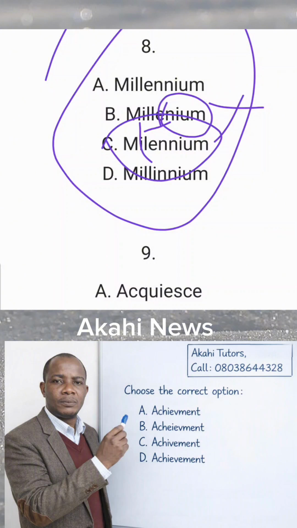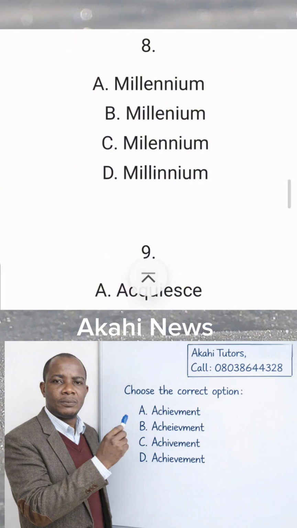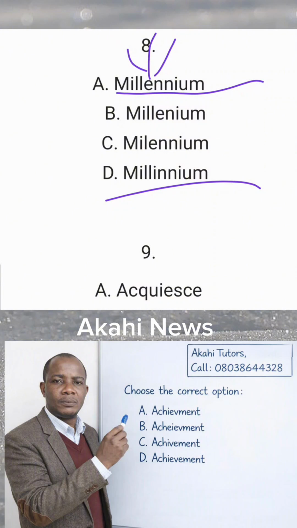It has double N. What is the difference between option A and option D is that after the double L, it has E. The correct spelling of millennium has E after the double L, not I. So this is wrong also. Our correct option is option A, millennium.